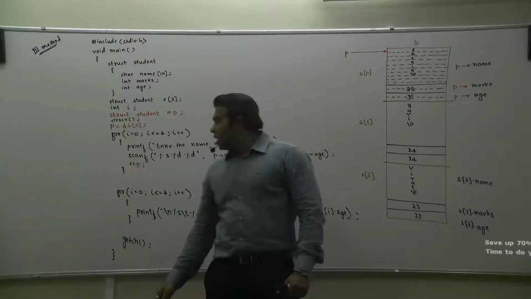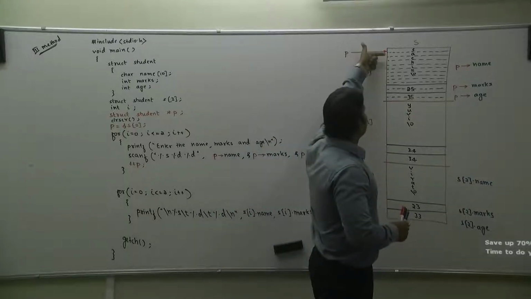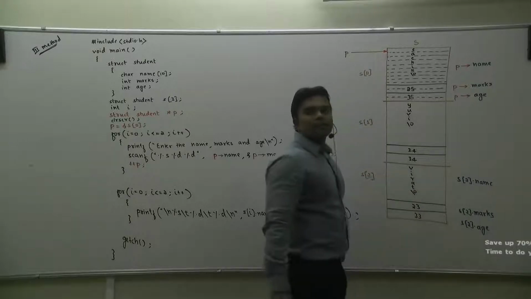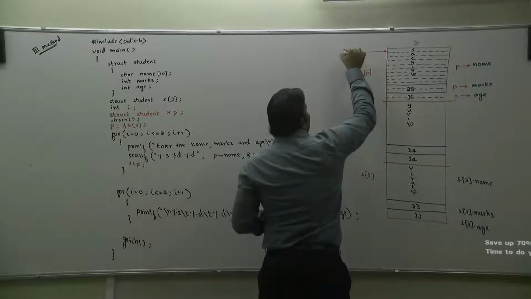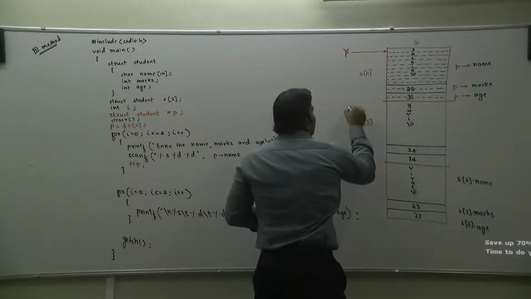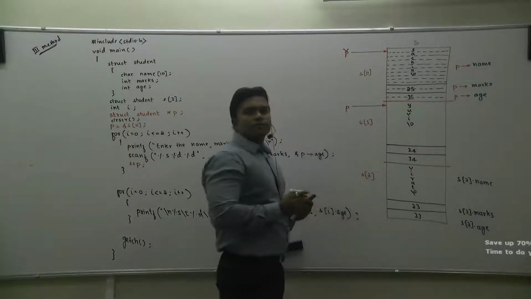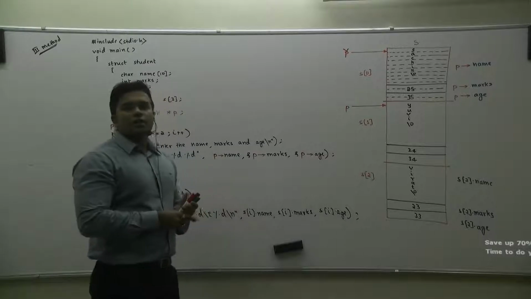So don't think that this plus plus p is going to increment the pointer to the next location. If it increments to the next location, it is meaningless. The plus plus p is going to make this pointer point to the next student.